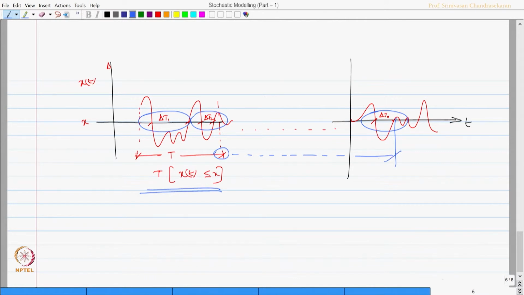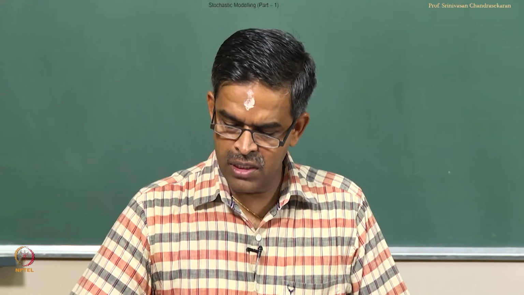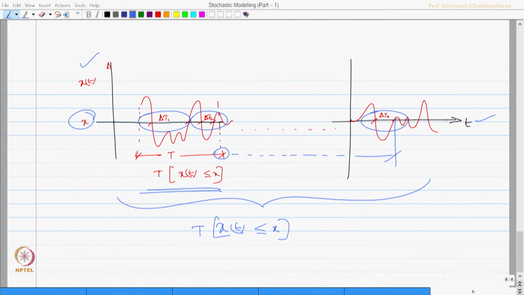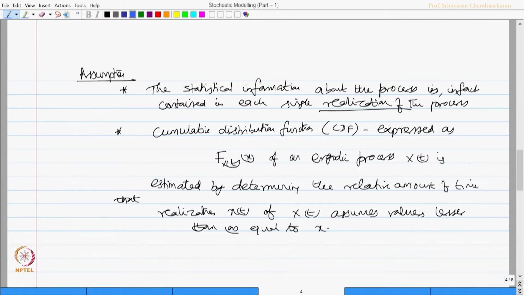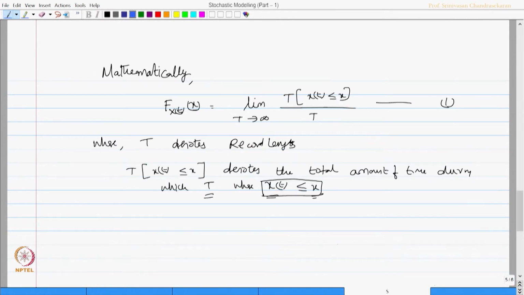Now, this becomes my capital T. So, in a given value of x of t over time history, I can always fix a known value x and try to find the realization of x of t less than or equal to x over the given record length T. So, that is what we are trying to do graphically. This is what we explained mathematically in the previous case.